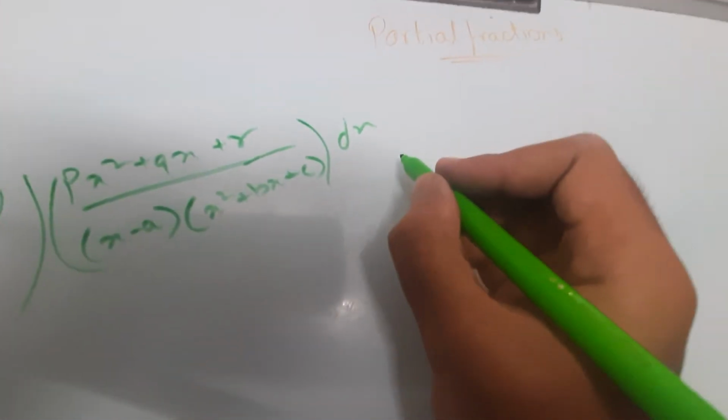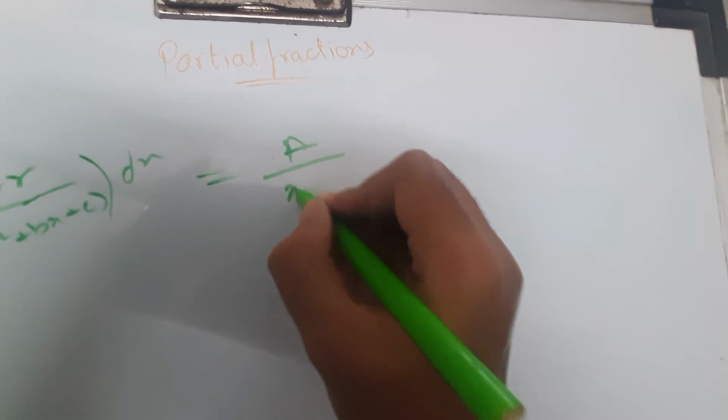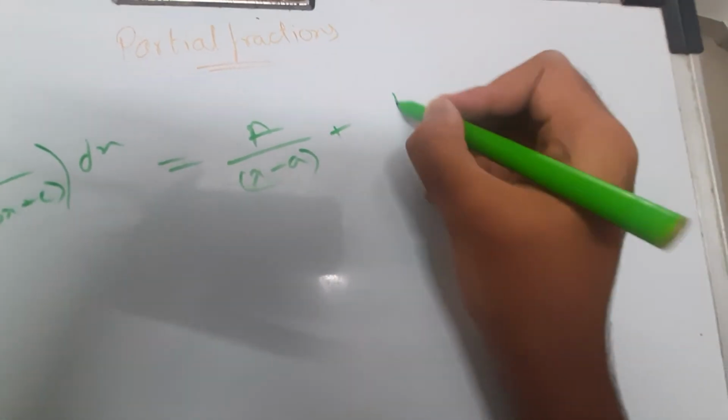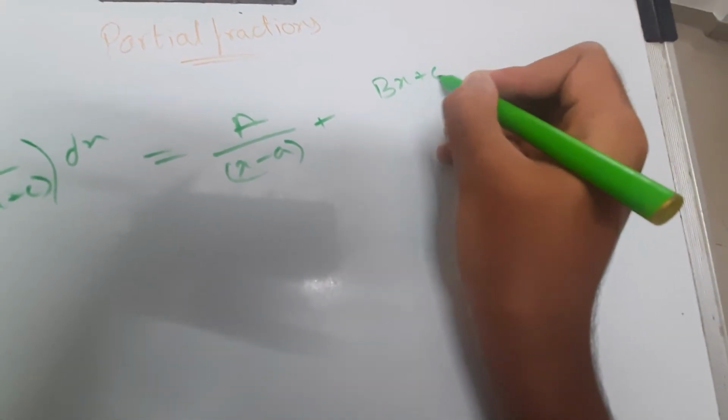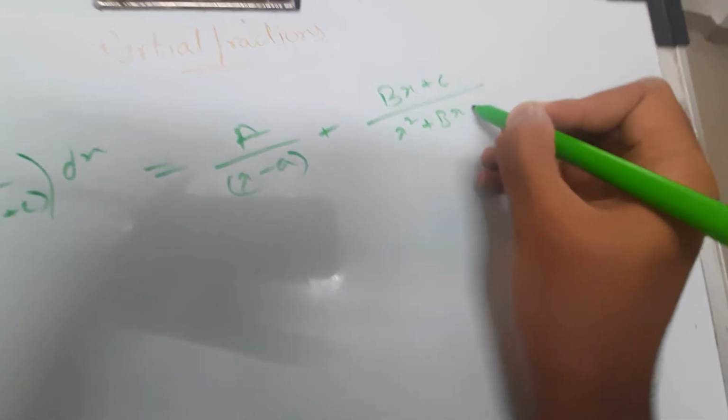So the formula, as I said before, is A by (x - a), because that's the normal part, plus (Bx + C) by (x² + bx + c).